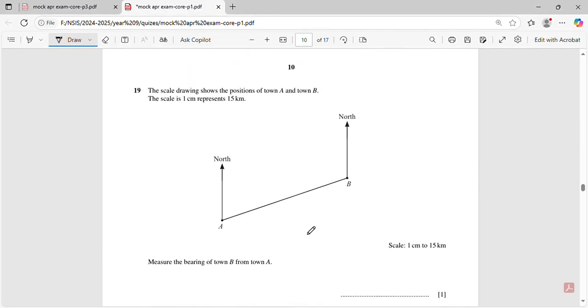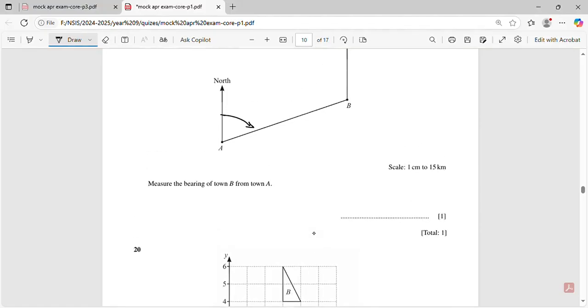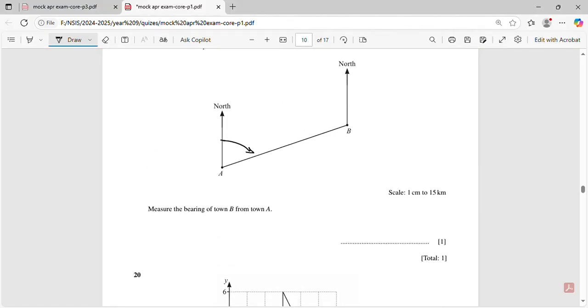Now here is another question about bearing. He said the scale drawing shows the position of the two towns A and B, and the scale is 1 centimeter represents 15. Measure the bearing of B from A. Of course from A, so I have to put the protractor and measure this angle, which will be easier for you.